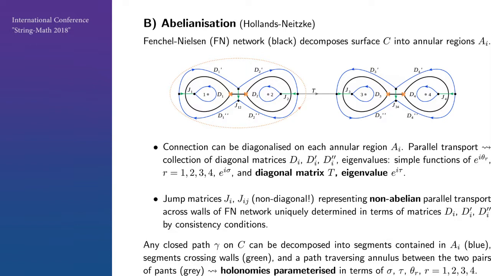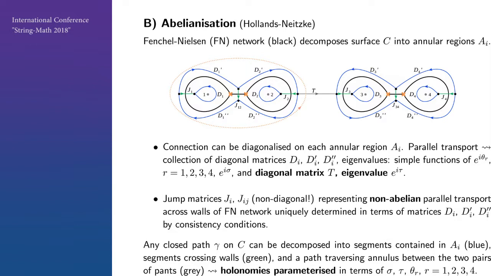However, in the SL2 case, a fortunate coincidence is that we can show that these jump matrices can all be expressed as some non-diagonal matrices, which, however, depend only on the parameters we have already introduced: theta, sigma, tau.